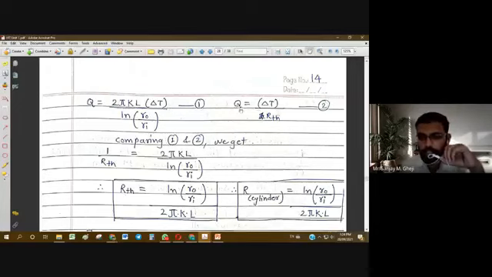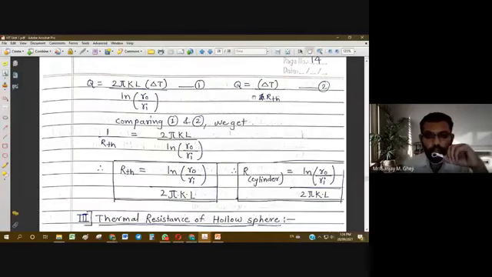The general equation is Q equal to delta T upon R thermal. So equate the two. Delta T will get cancelled. What we are left with, the right hand side taken on the left, is 1 upon R thermal equal to 2 pi KL upon ln of Ro by Ri. Take the reciprocal: R thermal is equal to ln of Ro upon Ri divided by 2 pi KL.